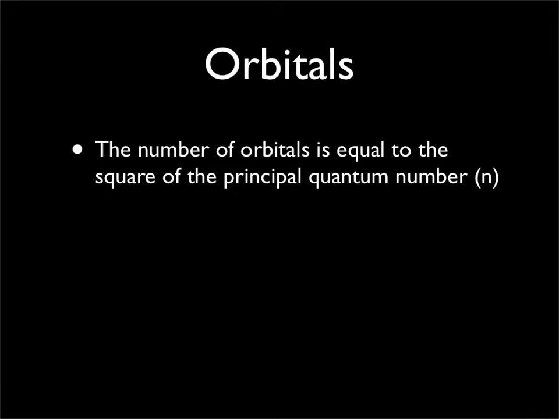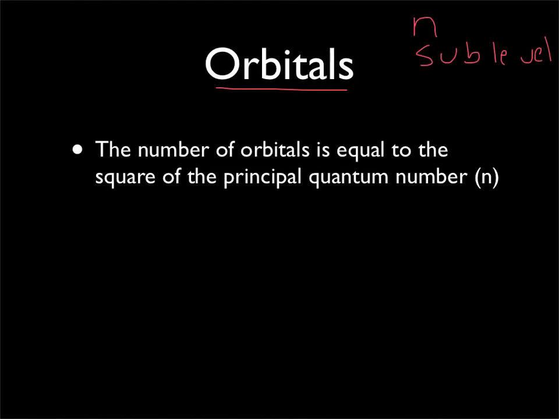Okay, so we've talked about levels, that's N, and we talked about our sublevels. Now we're going to talk about orbitals. Orbitals are where the electrons are located, where the electrons are flying around.